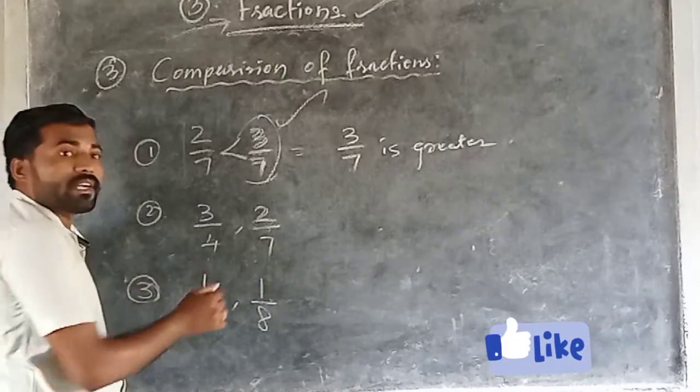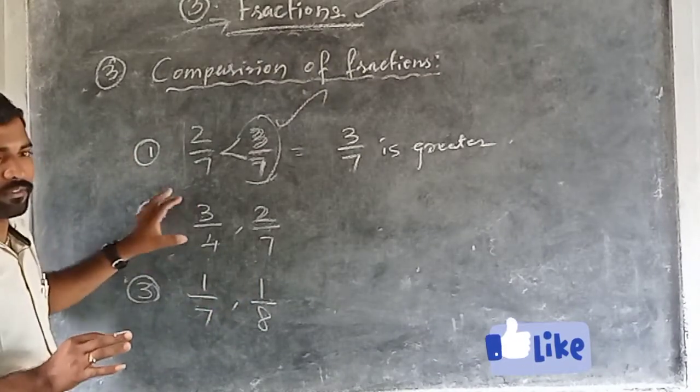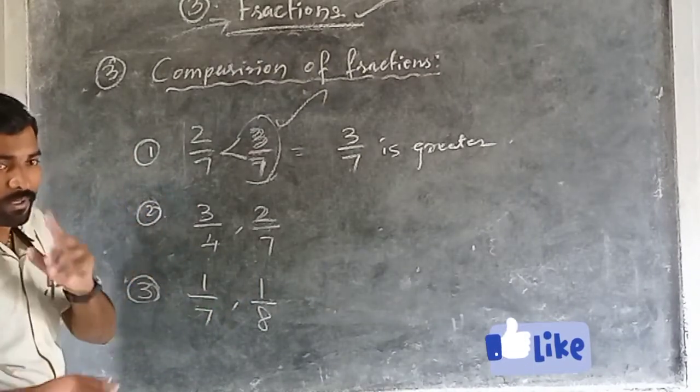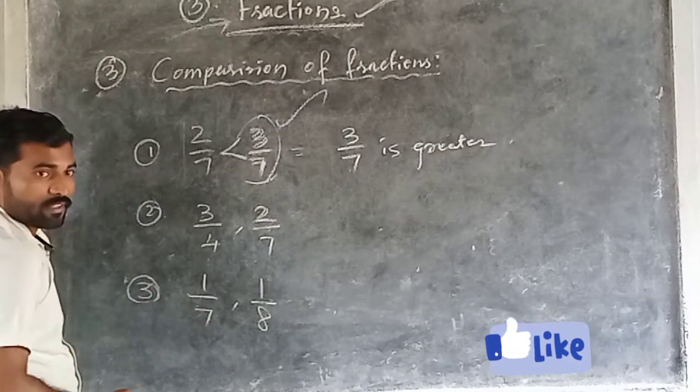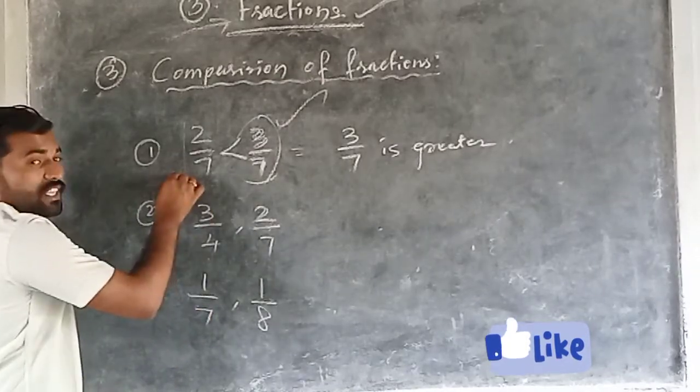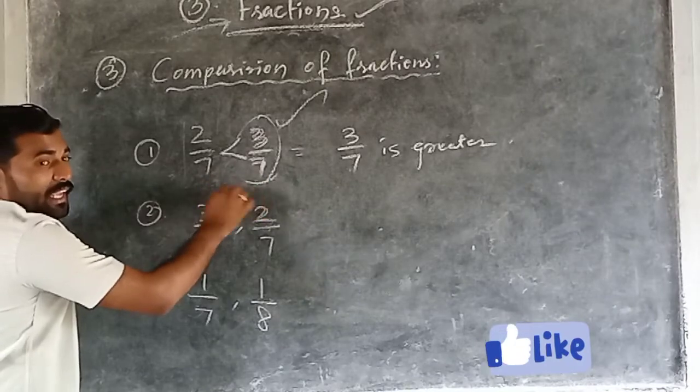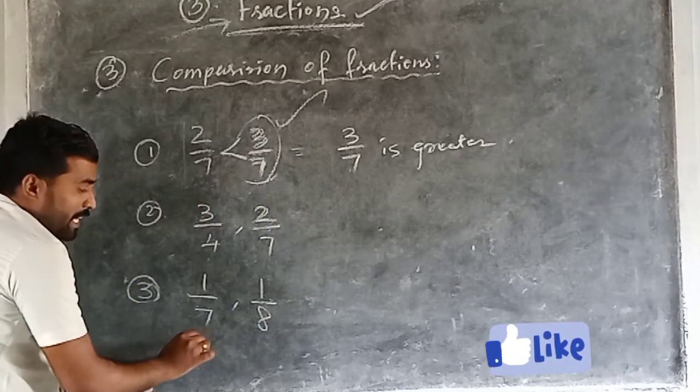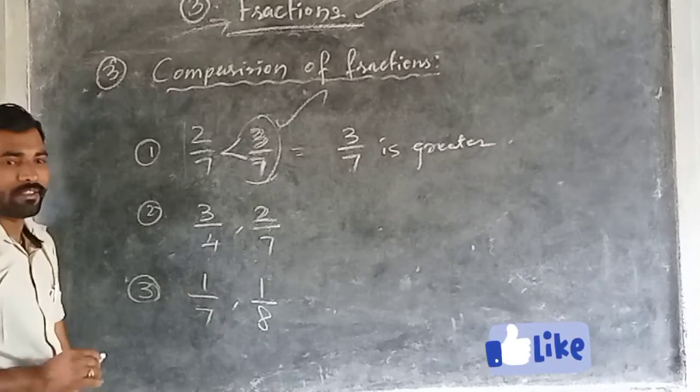Now let us discuss these fractions, where the given denominators are different. Okay, keep them aside for 1 minute. Come in here. In the first case the denominators are equal, but in this second case the numerators are equal.